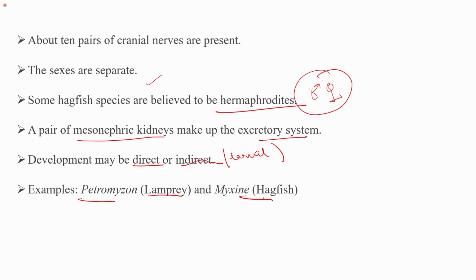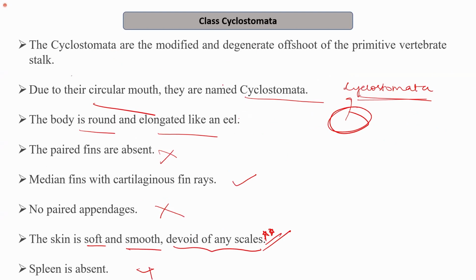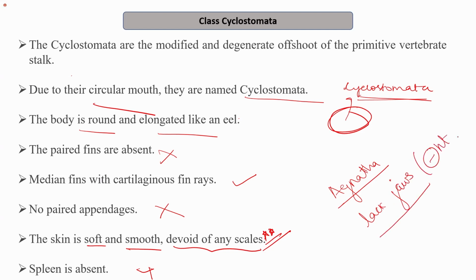So these belong to the class Cyclostomata and they are agnathostomes, that is, they are agnatha, they lack the jaws. So jaws are absent in them.